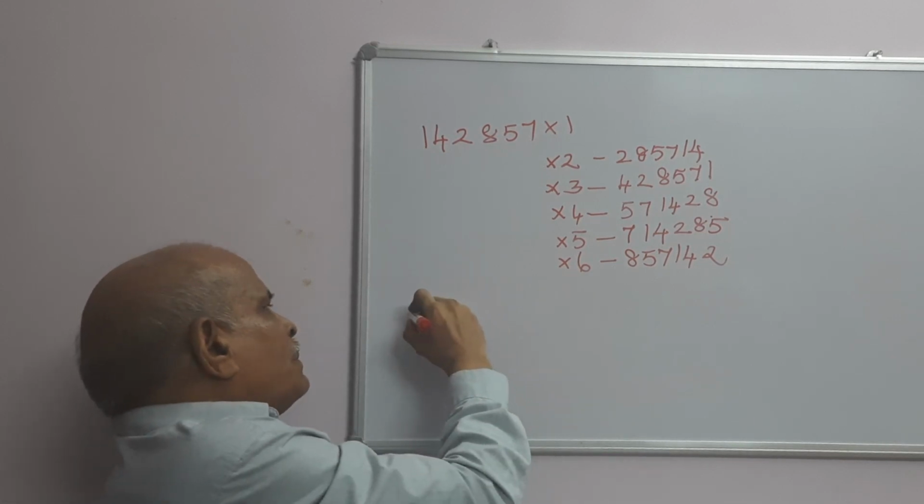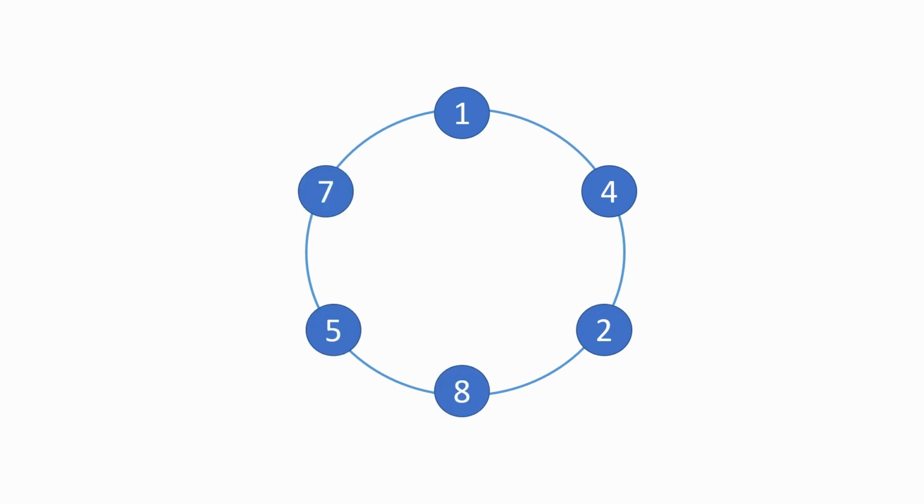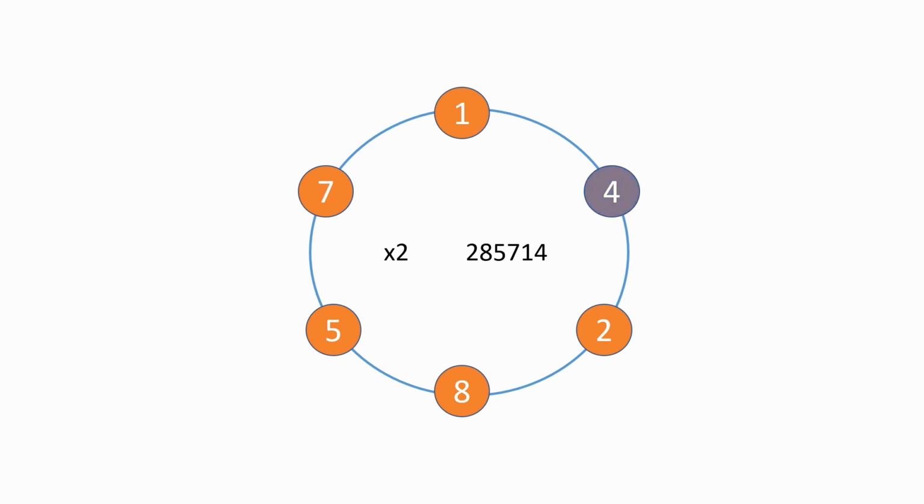Suppose I am representing this as a circle, as a cycle: 1, 4, 2, 8, 5, 7. First number starts here and goes like this. The second number starts here and goes. Third number starts here and goes.